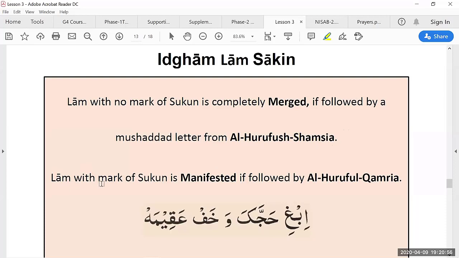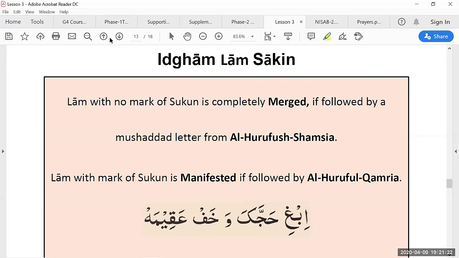Huruf al-shamsiyah are also known as the letters of sun, or sun letters. And then a lam with a mark of sukoon is manifested if followed by al-huruf al-qamariyah, which are also known as moon letters. Both huruf al-shamsiyah and huruf al-qamariyah have 14 letters in each of them.